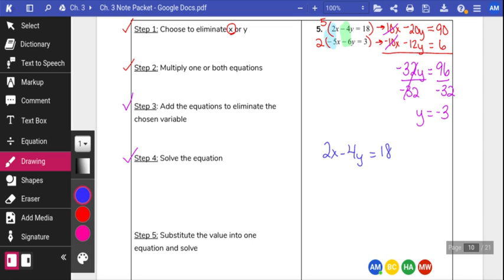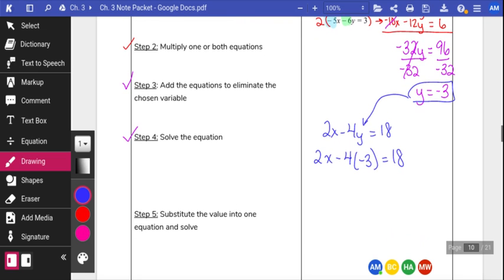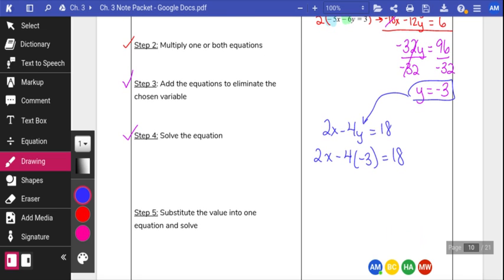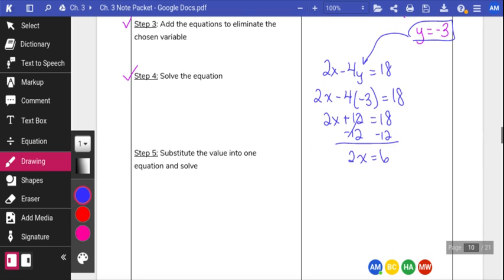And I'm going to substitute my y value into the equation. 2x minus 4 times y equals 18. 2x plus 12 is equal to 18. If I subtract 12 from both sides, 2x is equal to 6, which means that x is equal to 3.